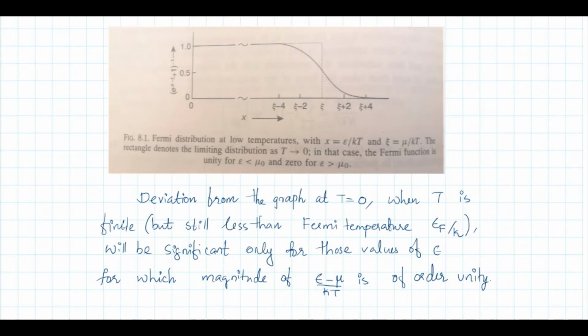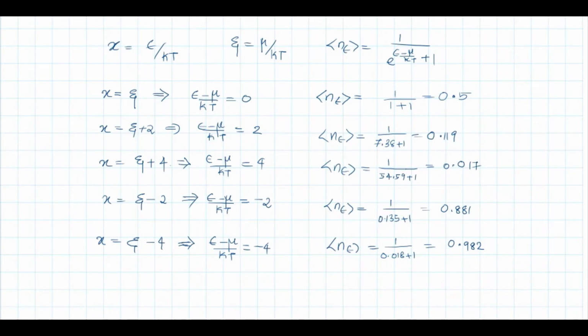Now, if you consider the point x equal to theta plus 2, that is, (E minus mu) by kT is equal to 2, then the occupation number will be 1 divided by e squared plus 1. What is e squared? 7.38, plus 1. This value will be 0.119.